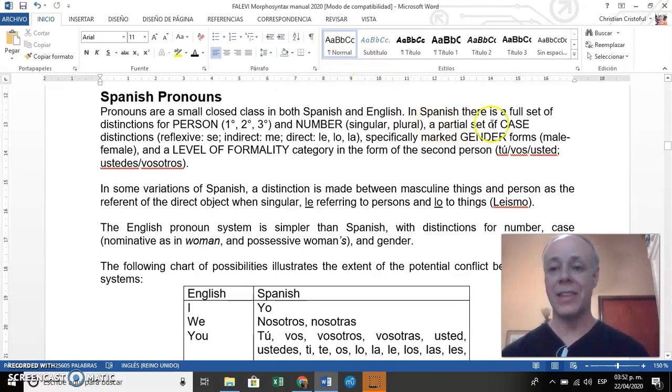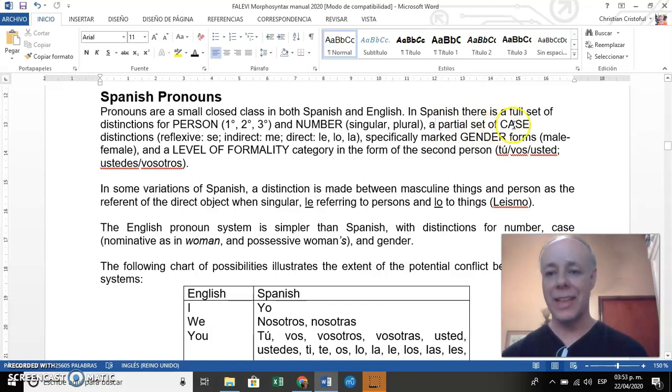So, it says Spanish has a full set of distinctions for person and number. So there are two affixes, two suffixes that tell this information regarding Spanish pronouns.